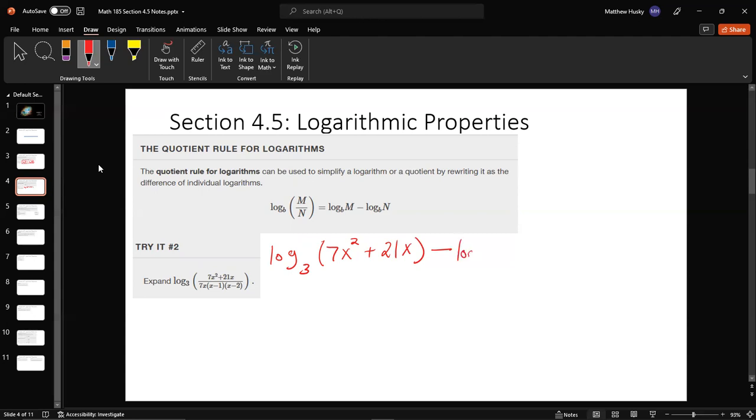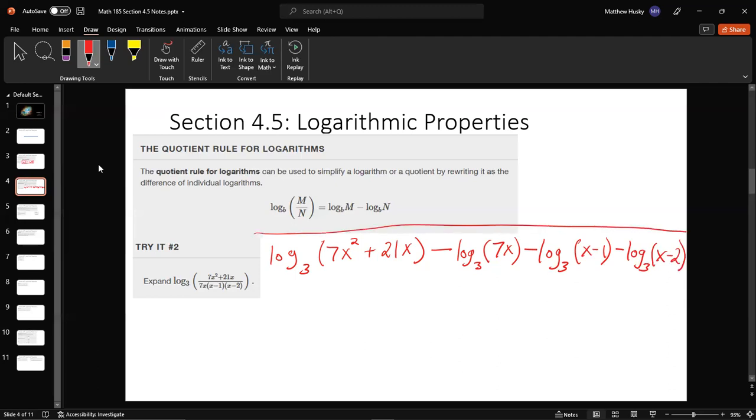So we're going to subtract log base 3 of 7x. We're going to subtract log base 3 of x minus 1. And then we're going to subtract log base 3 of x minus 2. So that is that one.